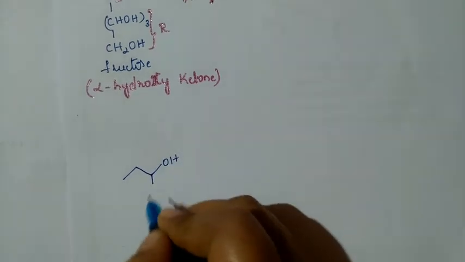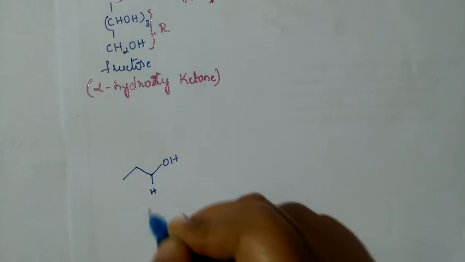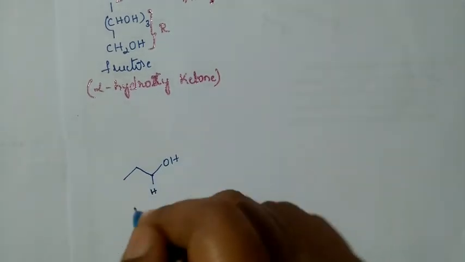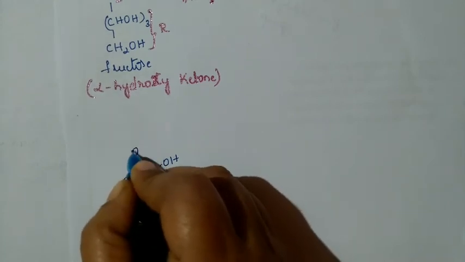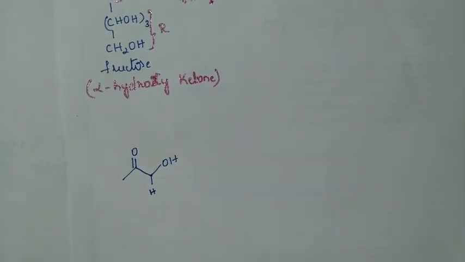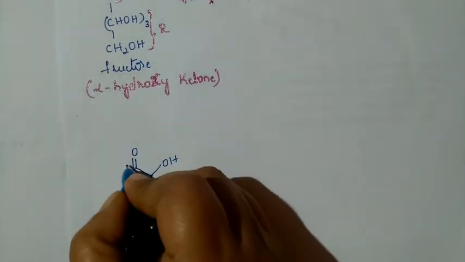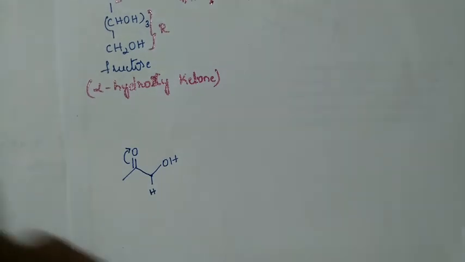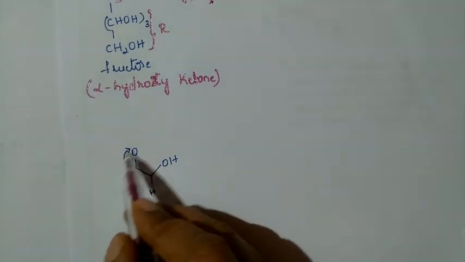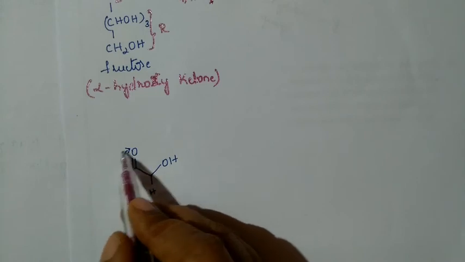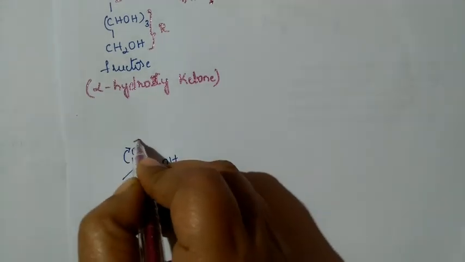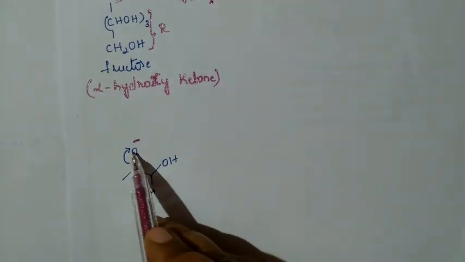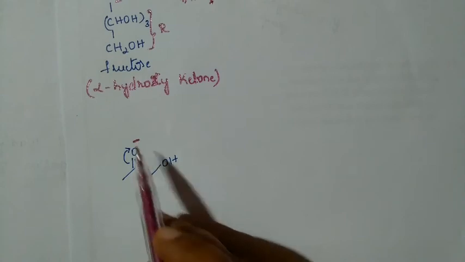Here we have a hydrogen. This carbon consists of 2 hydrogens. It is CH2OH. Here we have double bond O. The bonded pair is going to shift onto the oxygen atom. Oxygen is more electronegative in nature, so it pulls the pair, which makes the oxygen negatively charged.